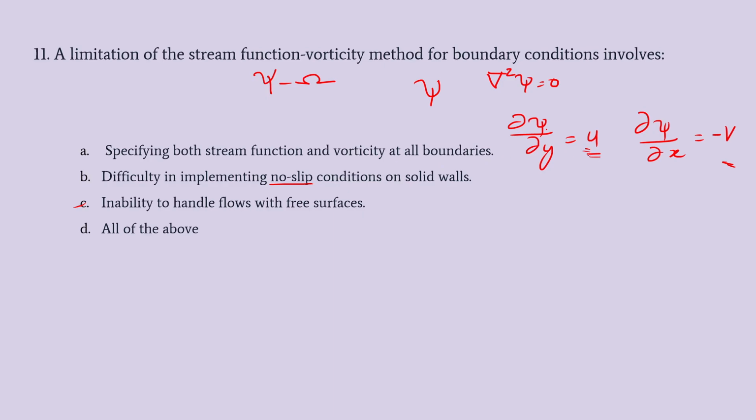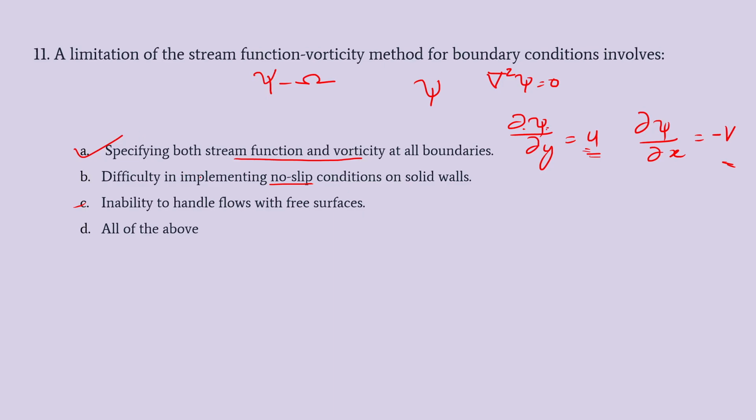So the major difficulty is that when we are solving for psi instead of u and v, we have to convert all the boundary conditions in terms of psi, not u and v, or pressure, or whatever it is. All the existing boundary conditions should be modeled or converted in terms of stream function and vorticity. So option A is also true.